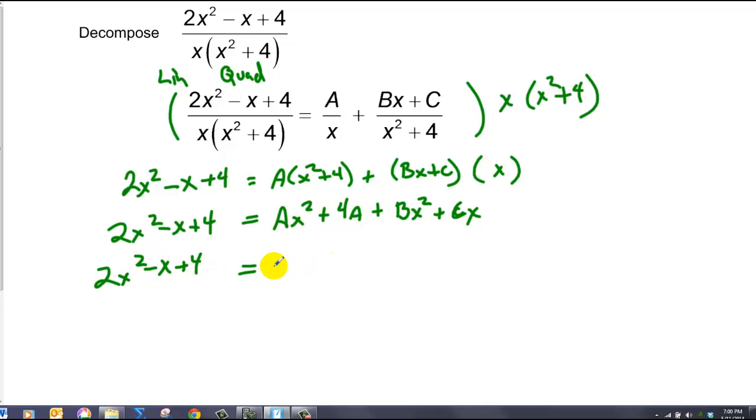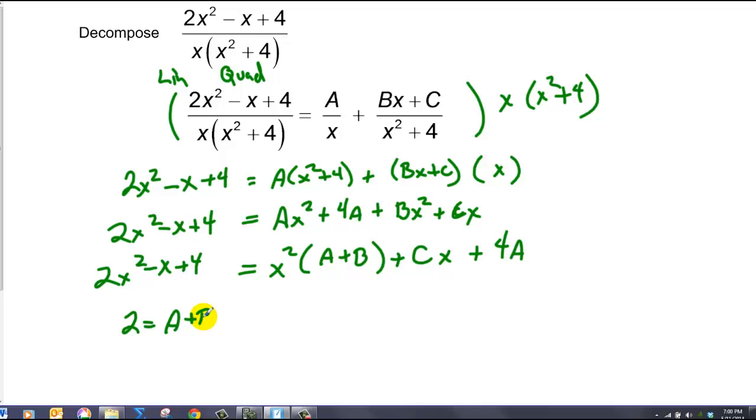I group my x squared terms, and I have a plus b. I group my x terms, and I just have c in this case. And I group my constant terms, and I have just 4a. So in this case, I can say that 2 is equal to a plus b.